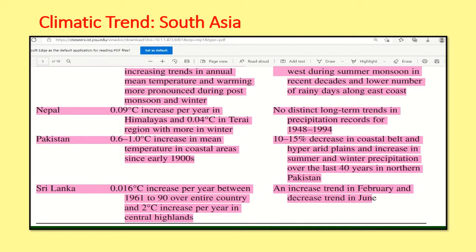So, in brief, the period and timing of monsoon has been hampered since last century, and there is an increasing trend of temperature in the cases of Nepal, Bhutan, Pakistan, Sri Lanka, and even India.